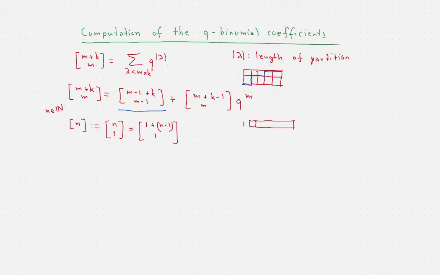And again, we computed this earlier. So this will pretty much give us 1 plus q plus all the way to q to the n minus 1, which is 1 minus q to the n over 1 minus q. So these integer numbers n are going to be pretty much 1 minus q to the n over 1 minus q. And we also define 0 to be simply 1.